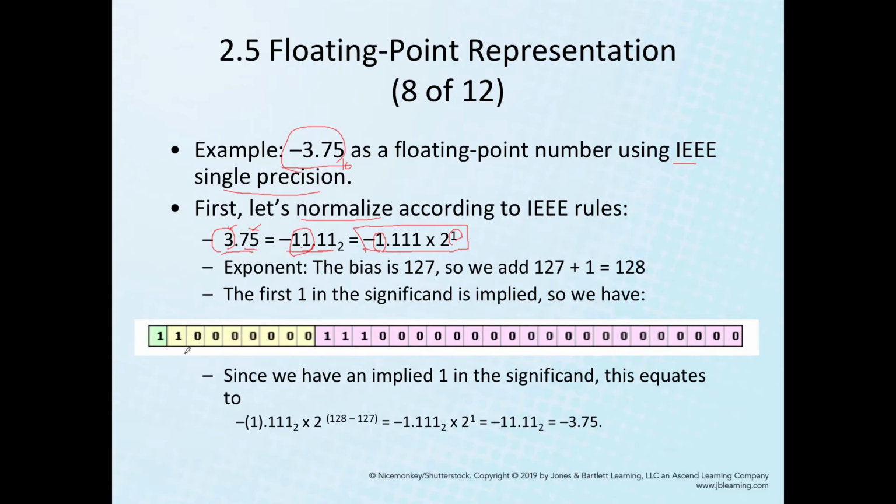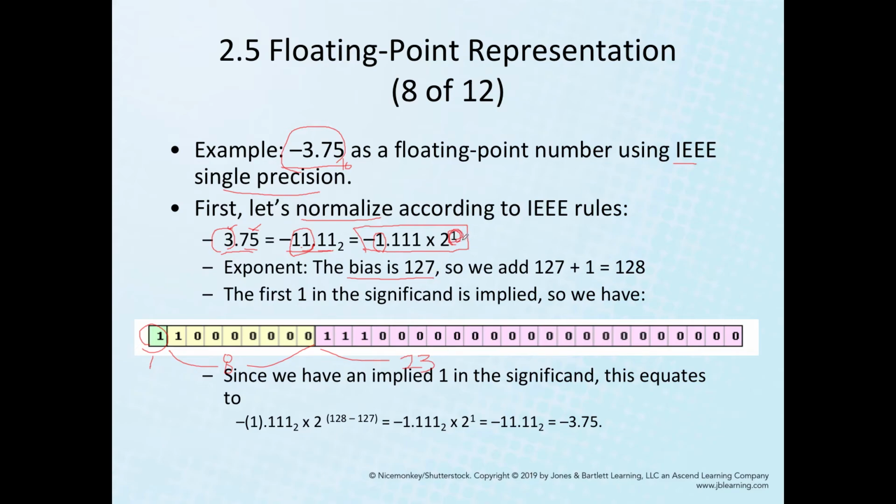Then what you do in IEEE single precision is we have an 8-bit exponent, a 23-bit significand, and one sign bit. Since this is a negative number, the sign bit should be 1, and this one is exponent 1. But in the exponent part, we use excess 127 notation.